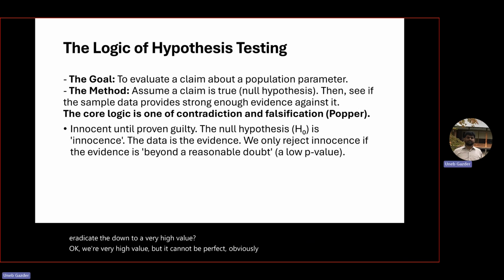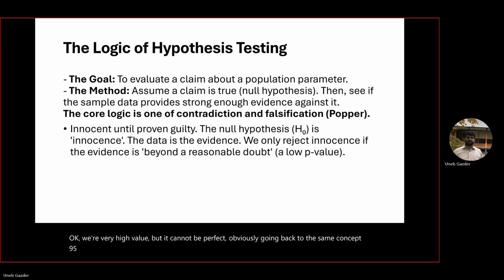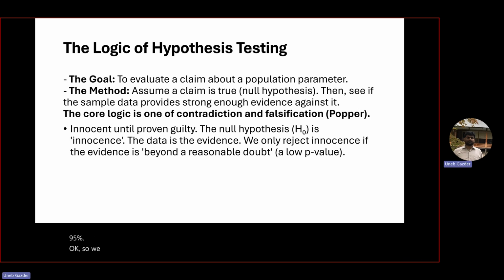Going back to the same concept, 95%. So we are trying to prove it up to how much? 95%. There is still how much doubt remaining? 5%. So is 95% a reasonable value? Yes. But if somebody says there's a 50-50 chance, not too much, no, it's not reasonable, right?